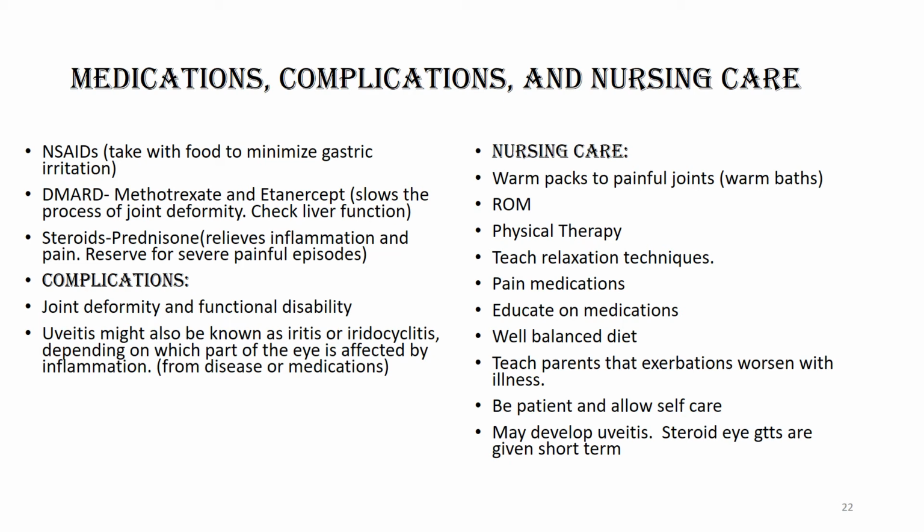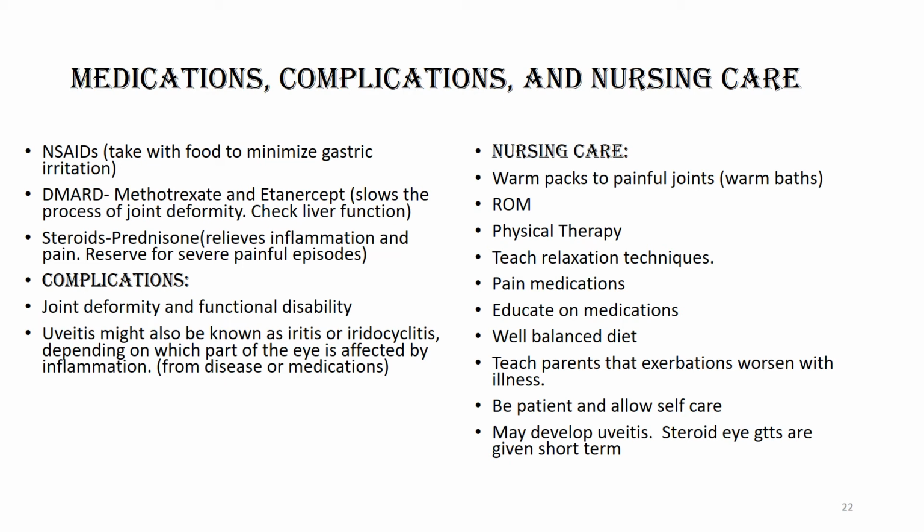So to take care of these kids, the diagnosis usually is made based on symptoms and the little bit of blood work they have. So for pain at first, they'll give them NSAIDs, and the child needs to take them with food because it usually irritates their stomach, so they shouldn't take it independently. Many times kids for a while will take this twice a day. Then they start them on the DMARDs, and methotrexate is given with another biological.